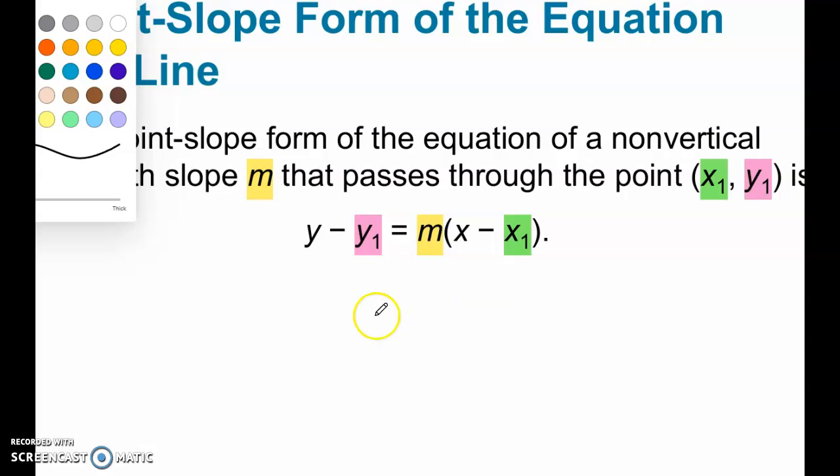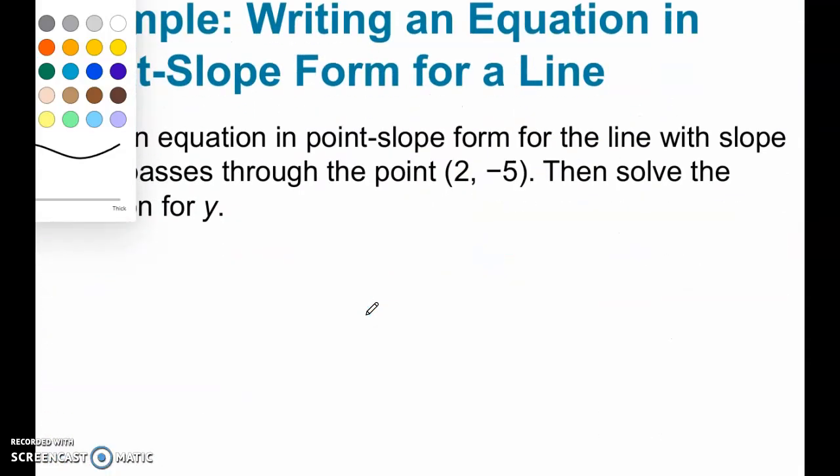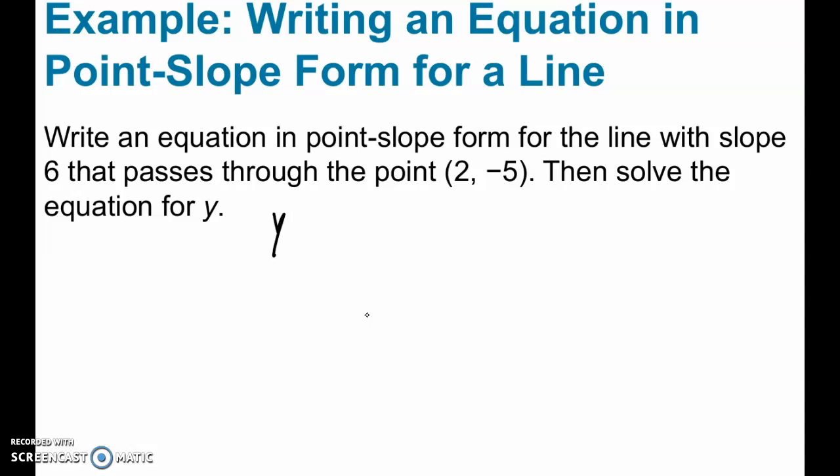So we look at the next page, and you're going to see an example. So the first thing it says is write an equation in point slope form. So point slope form looks like this.